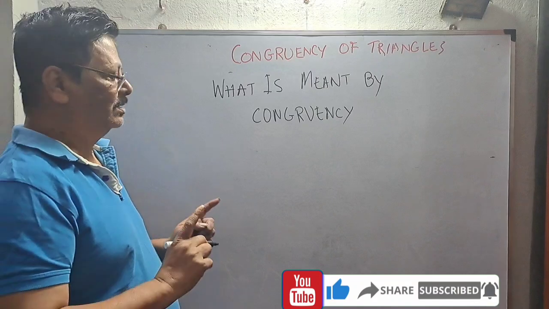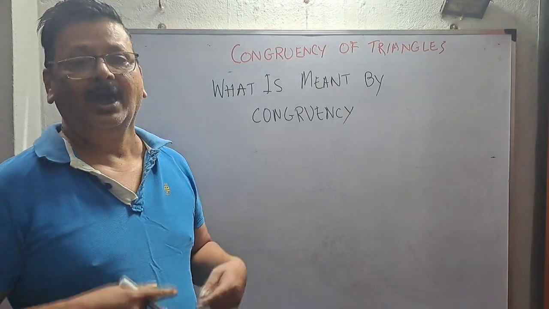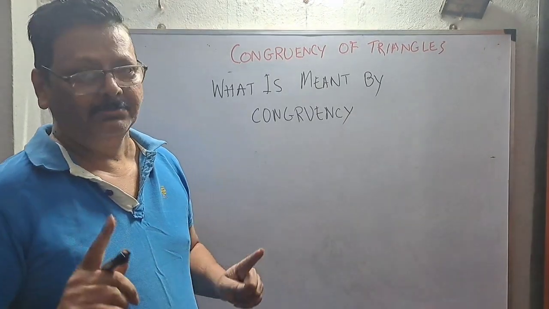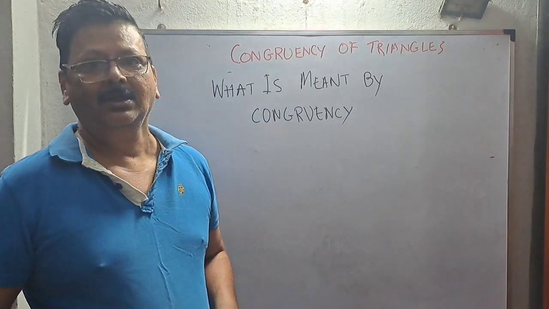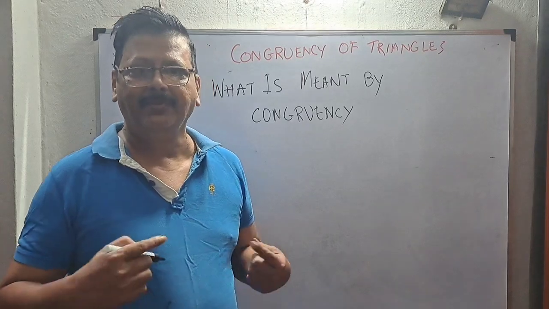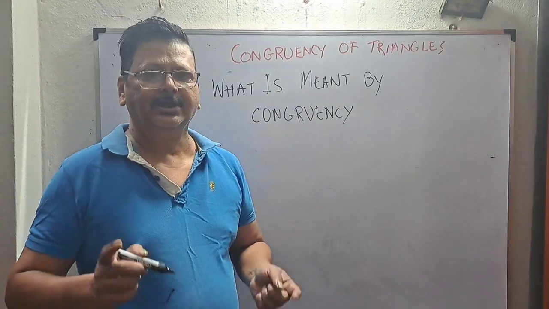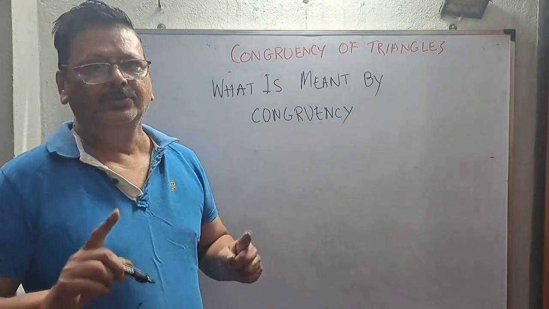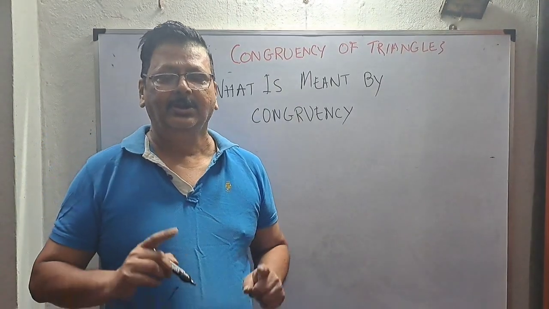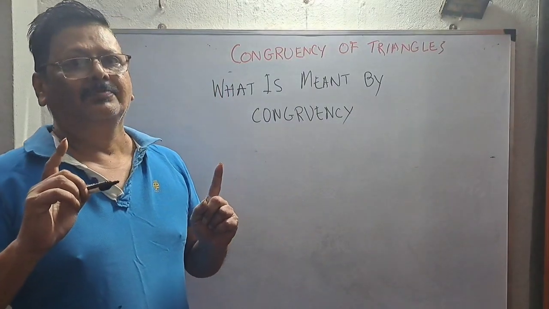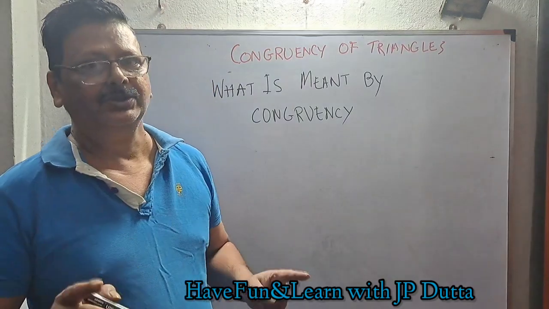One word that will define congruency is that they are identical in all respects. Congruency is not only unique to triangles, it is applicable to other polygons also. Polygons are those closed figures which are bounded by straight lines. Triangles are the polygons which have the least number of sides, 3 sides. So let us first see what is congruency.